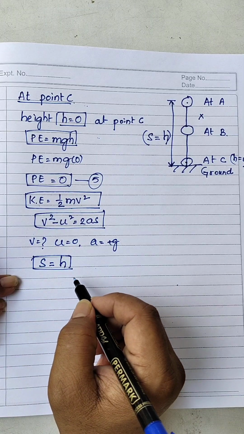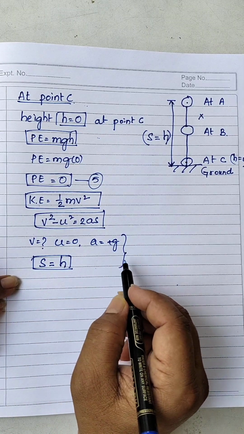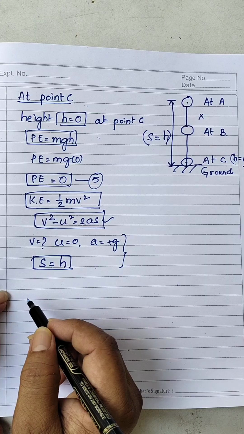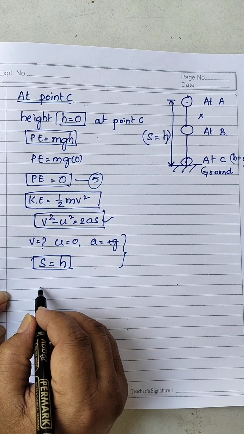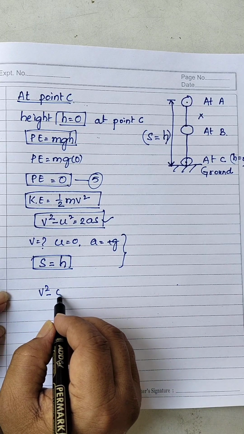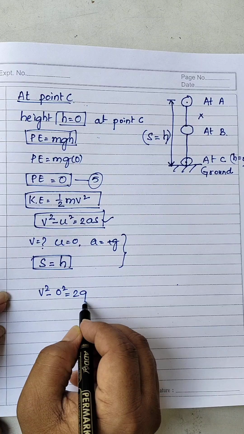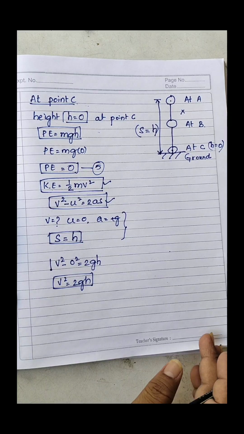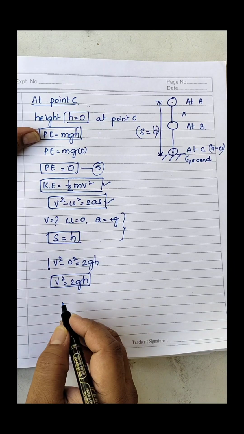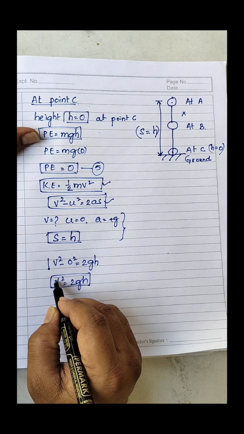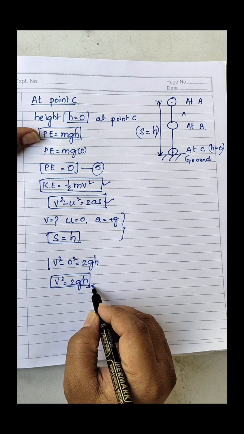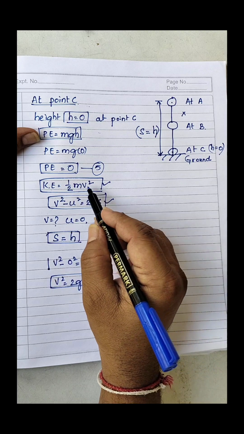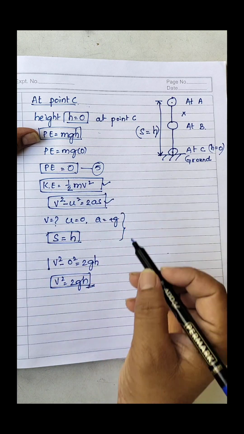Now I will substitute all these values. v square minus u square is equal to 2as. So v square minus 0 square is equal to 2g and s is equal to h. Now I am going to substitute this v square value in KE is equal to half mv square.